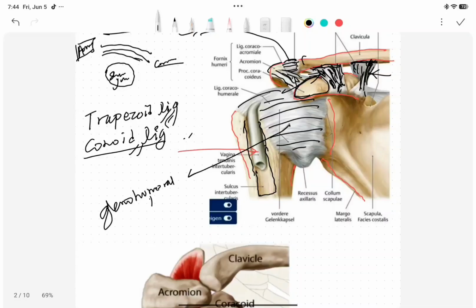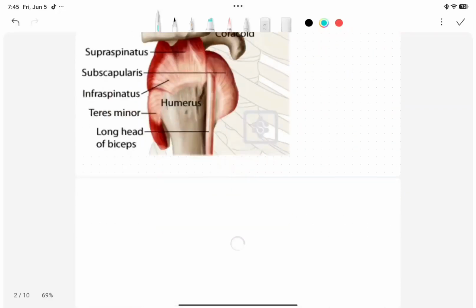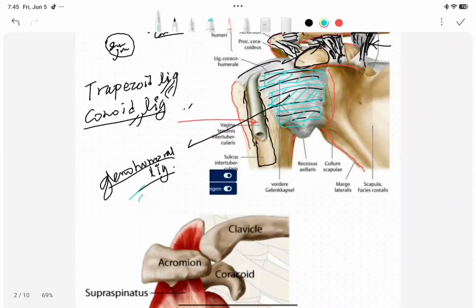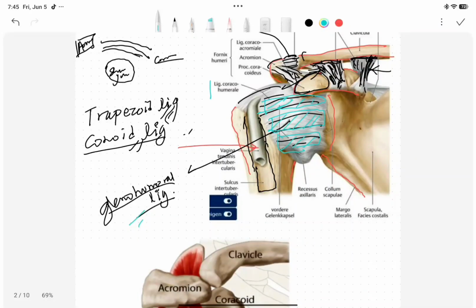In the superior aspect these are the superior glenohumeral ligaments, and there is a middle glenohumeral ligament and an inferior glenohumeral ligament. So there are three glenohumeral ligaments: superior, middle, and inferior. And there is also one ligament called the coracohumeral ligament.